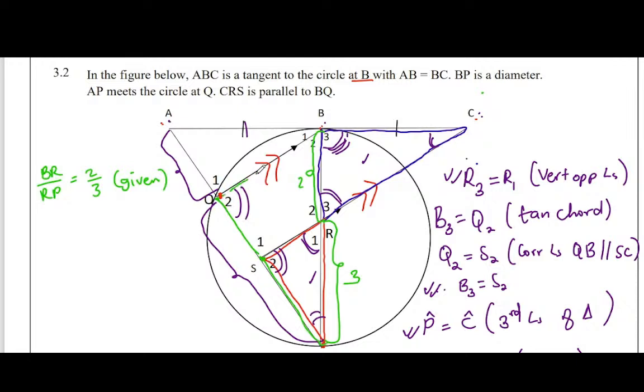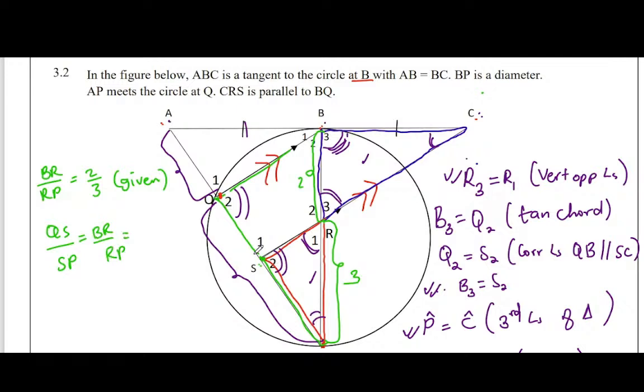If I focus on the triangle QBP, that is going to be QS divided by SP, which is the same as BR divided by RP.